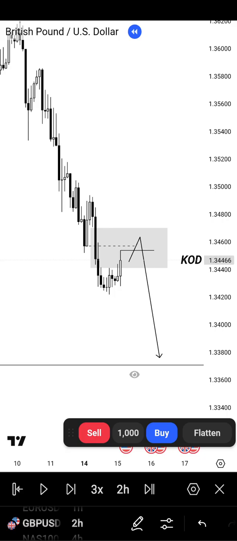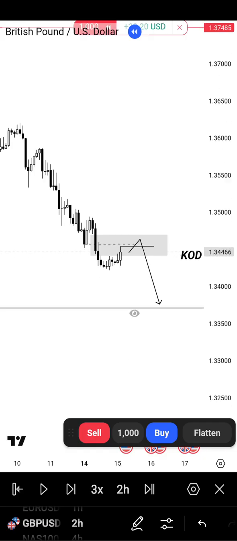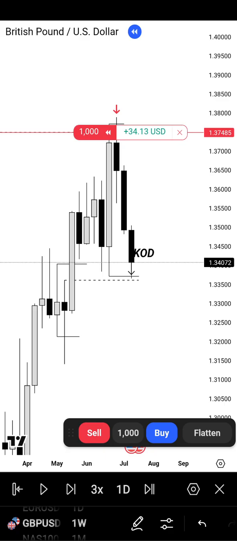So what this actually means is this. All right, the weekly bias is bearish, right? The daily as well is bearish.